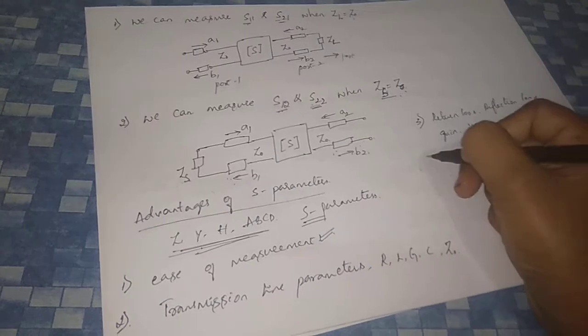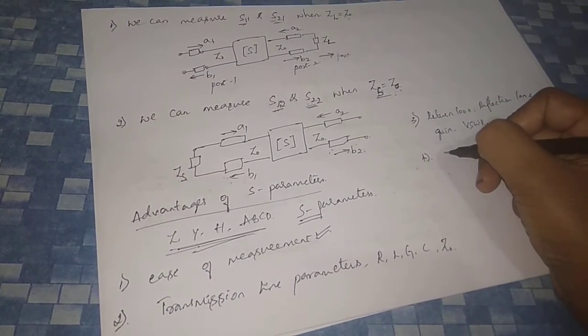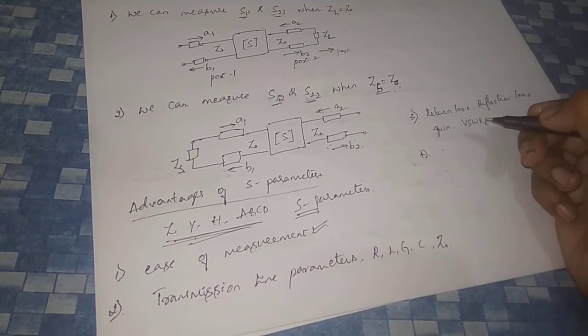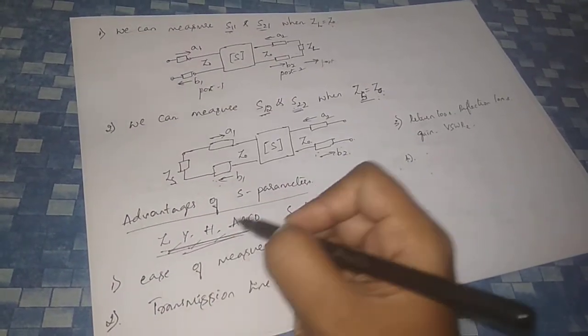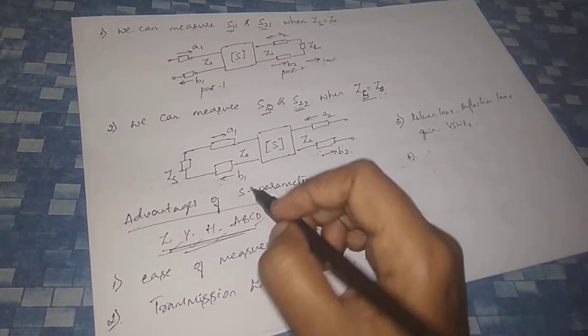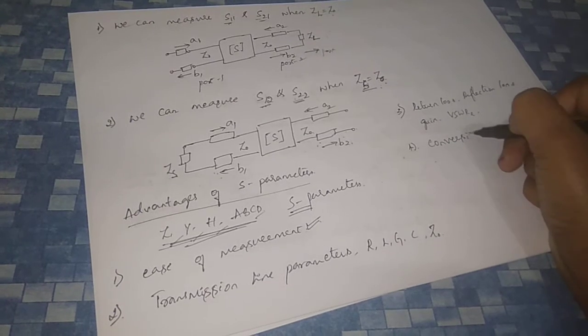The fourth one is that it is very easy to convert the S parameters, or S matrix, to parameters such as Z, Y, H and ABCD. The conversion is very easy.